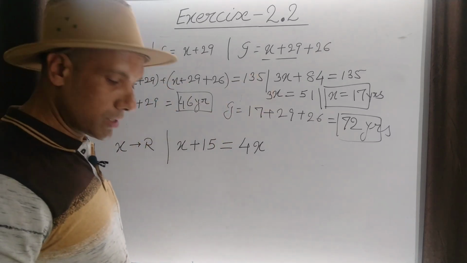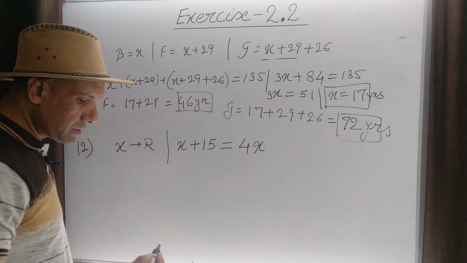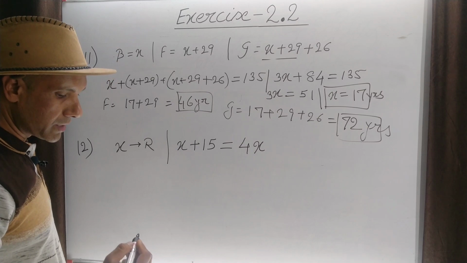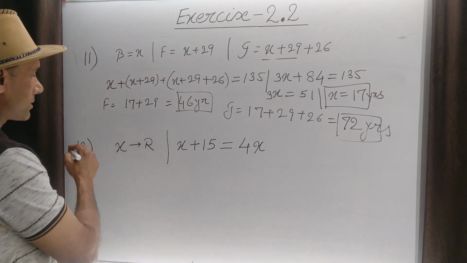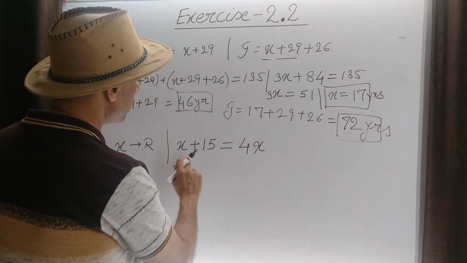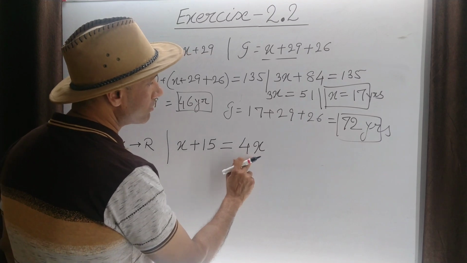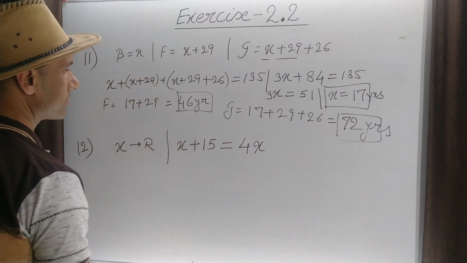Moving on to question number 12. 15 years from now, Ravi's age will be 4 times his present age. Okay, so Ravi's age is x years now. After 15 years, his age will be x plus 15 years. That will be equal to 4 times his present age, that is 4x. So we have got this very simple equation. Let's solve this.